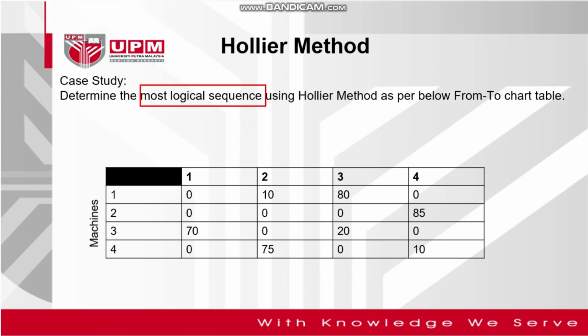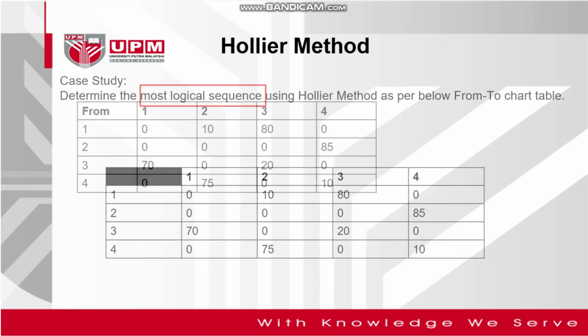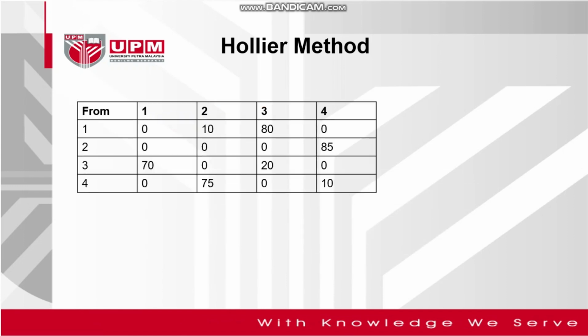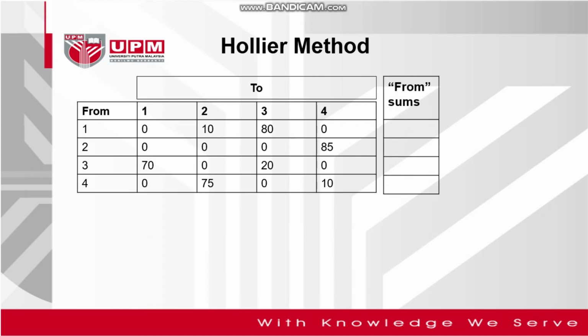First of all, we remove machines and parts, and then we have this kind of table, where machine is replaced with from, and for parts we put a to statement on the top as a reference.